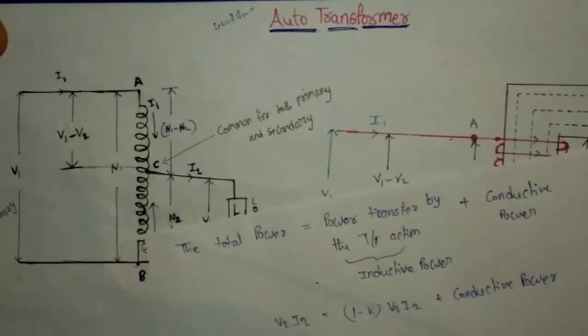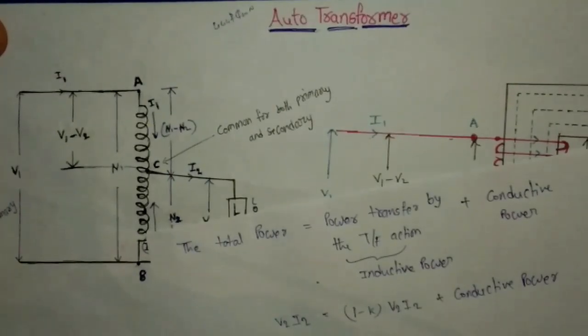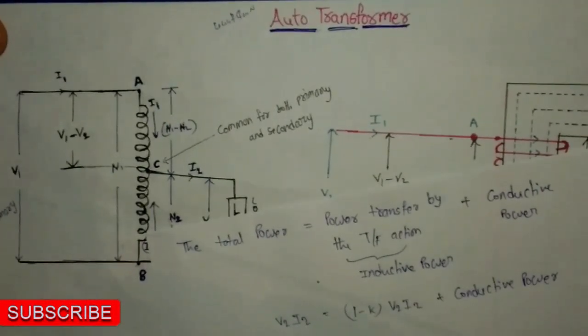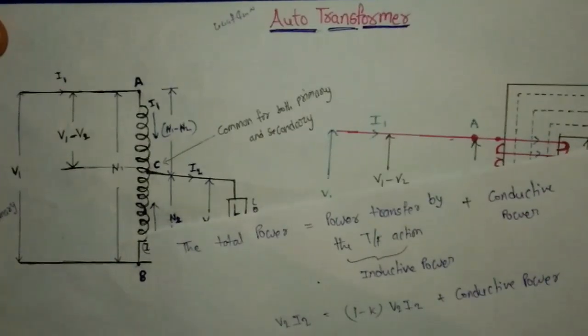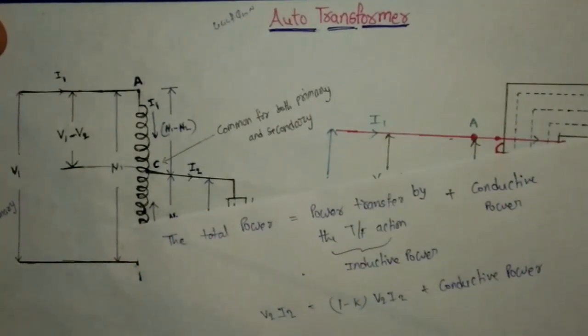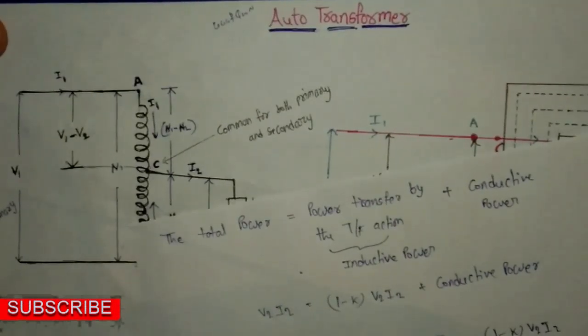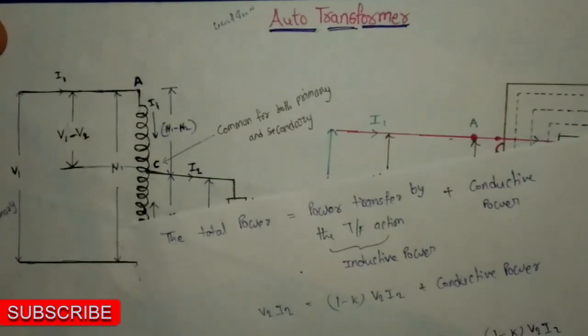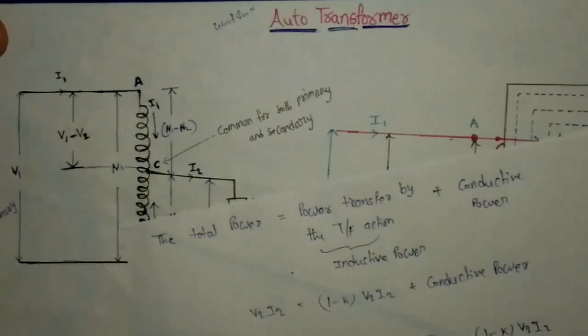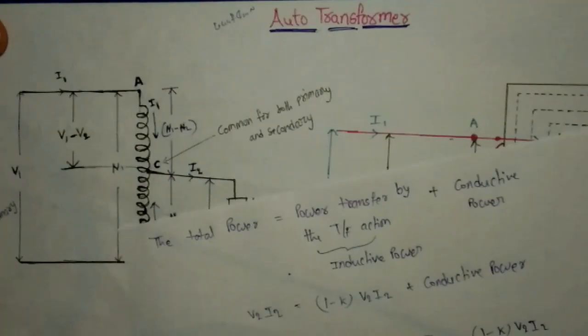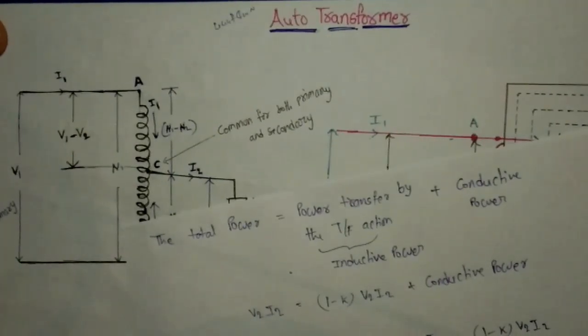Therefore, conductive power equals V2 I2 minus 1 minus K into V2 I2. Here we take common V2 I2, then 1 minus 1 plus K, then 1 gets cancelled, then V2 I2 into K.